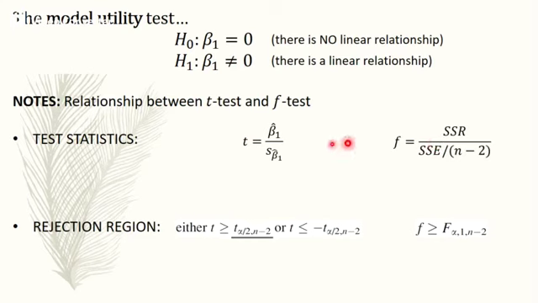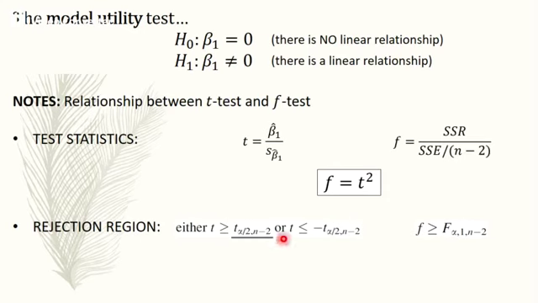And these two values have a special relationship. F is equal to t squared. So whatever you get here, the square root of this thing will give you t, and if you square it, it'll give you the f test statistic value. So just remember that. Sometimes we do ask that.